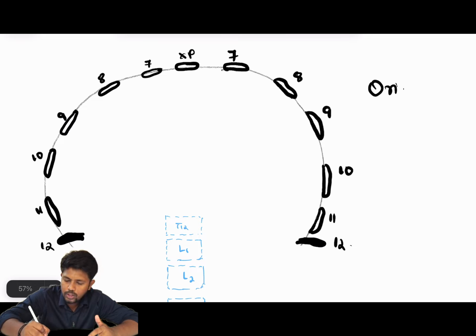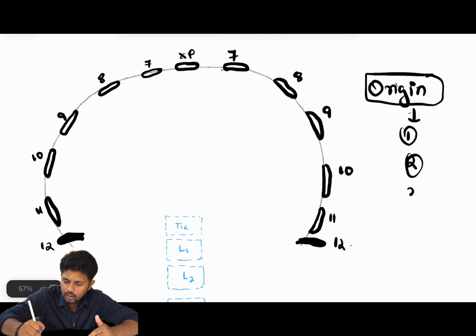So for the origin of the diaphragm, I have told you there are three origins: one, two and three. Now we'll put this in the diagram.